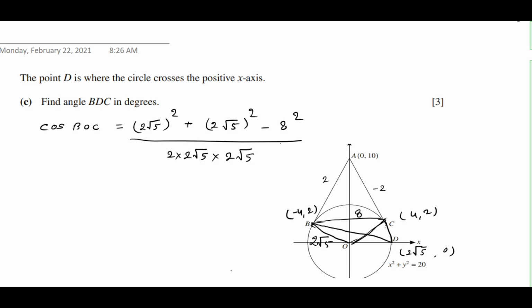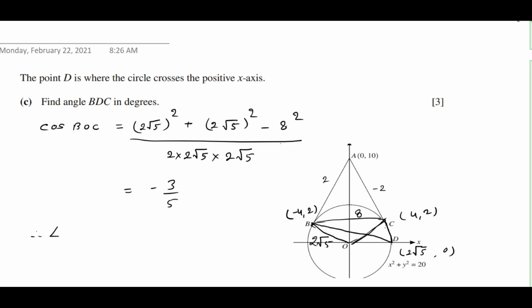So here it's 20 plus 20, 40, minus 64, divided by 40. So it is minus 3 by 5.